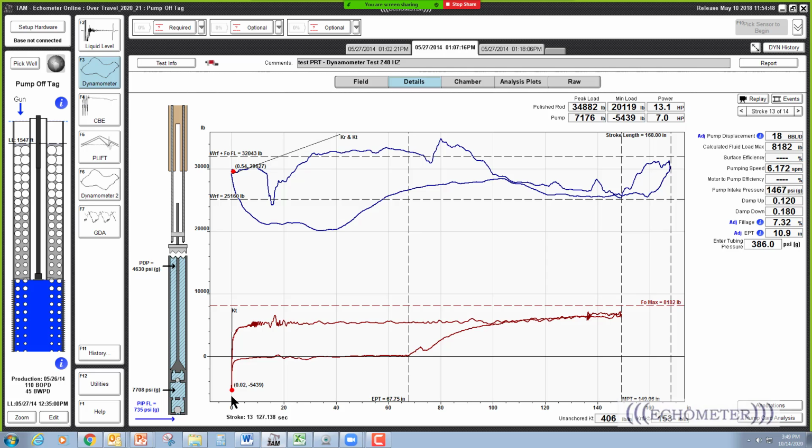If it had started way over here and was wider, then I would say it tagged earlier, higher on the downstroke. But here it's just barely tagging. If the pump had been spaced a little bit higher, then possibly we wouldn't even have seen this tag because it wouldn't have moved deep enough in the barrel to tag.